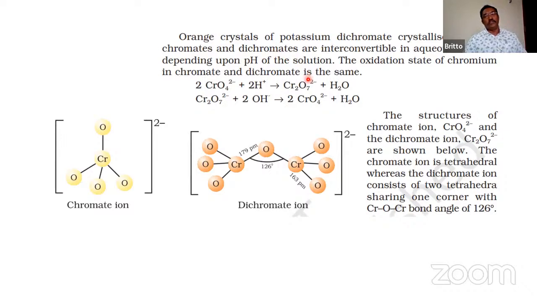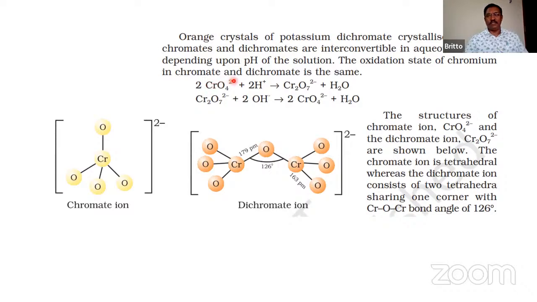So chromate in acidic medium is converted to Cr2O7. So chromate வந்து acidic medium இருக்கக்கூடாது. Chromate ion solution is much stable in basic medium.